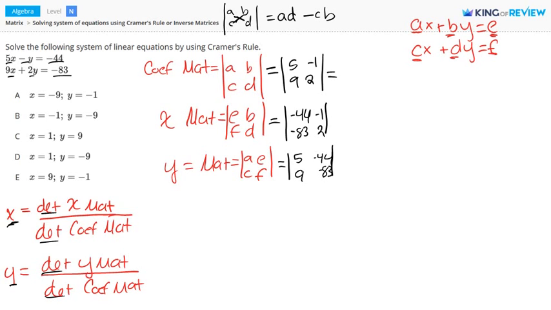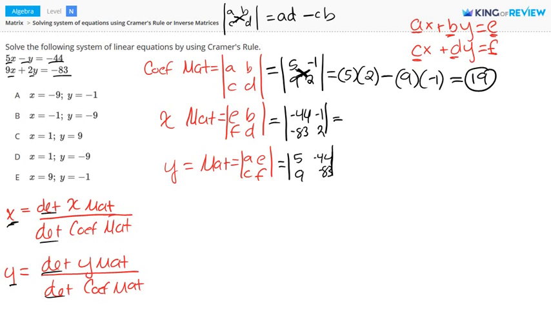So let's find the determinants for our matrices. We have the product of the entries in the main diagonal, so 5 times 2, minus the product of the entries in the other diagonal, 9 times -1. And when we work this out, this is equal to 19.